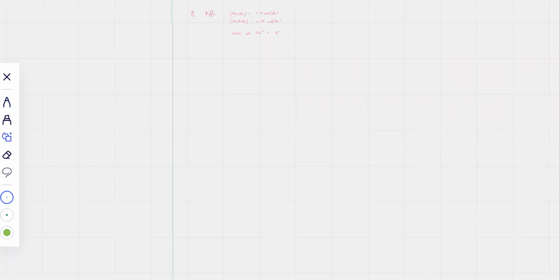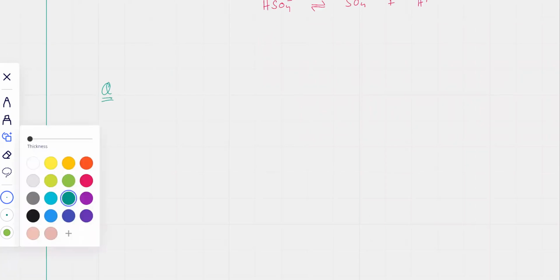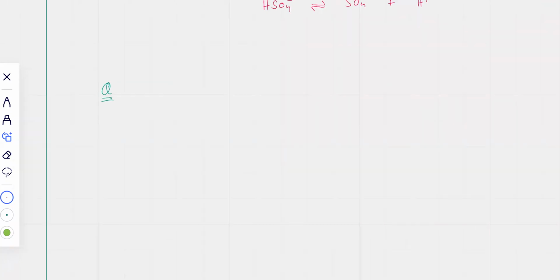So let's try one of those questions. One question could be that I've got 100 cm cube. So it's a moles question, but at the end of the day, they're asking for the pH of the buffer.